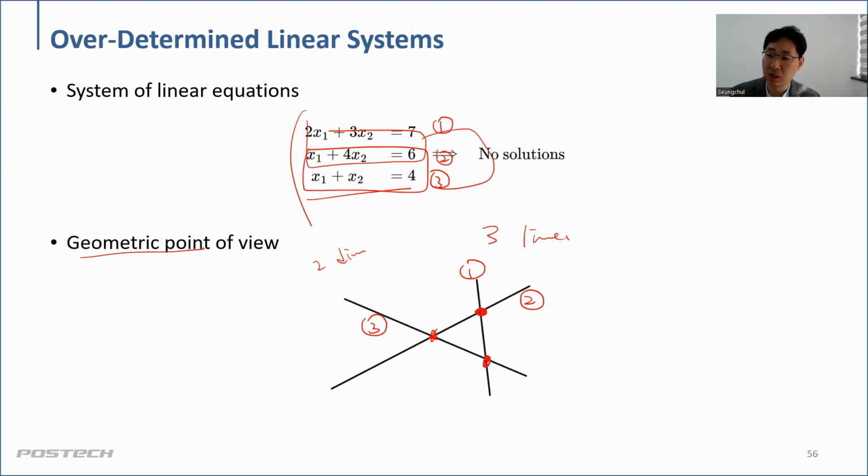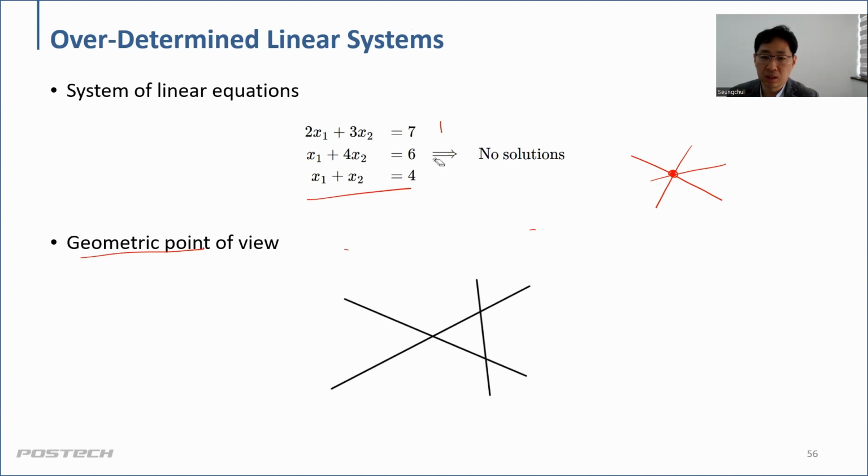But as you can see here, in general, there's no solution that satisfies 3 equations, 3 constraints, at the same time. In some cases you might have a solution, but that's not the general case. So for the overdetermined case in linear systems, in general, there's no solution.